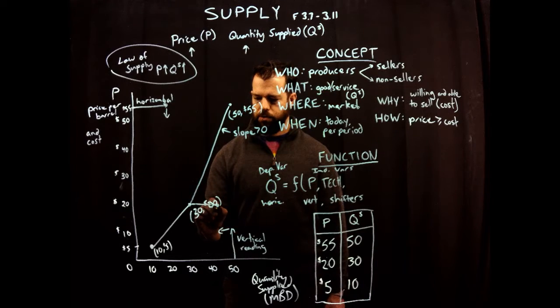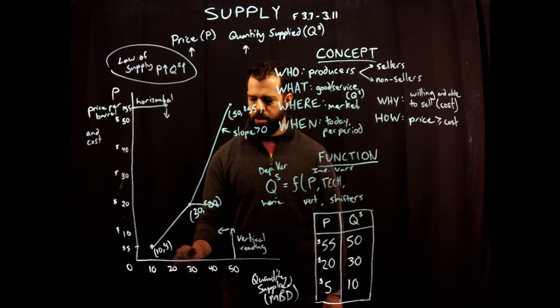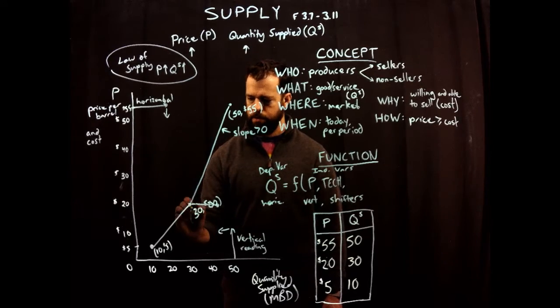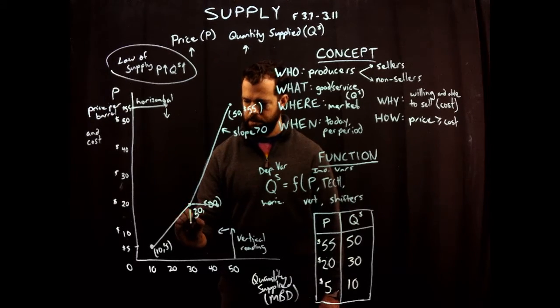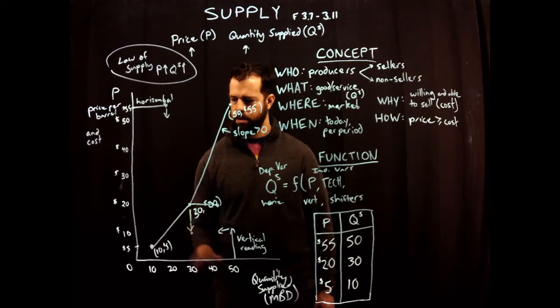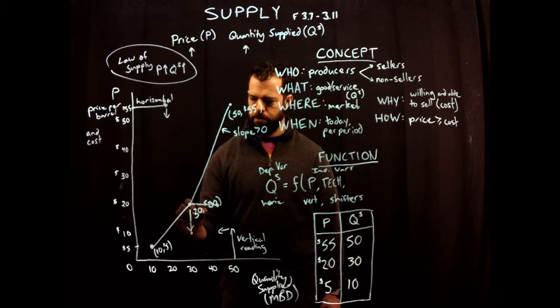And so that would also mean that at 30 million barrels of oil per day, their production costs are in fact lower. And so now they might be willing and able to accept a price as low as $10 per barrel. Okay.